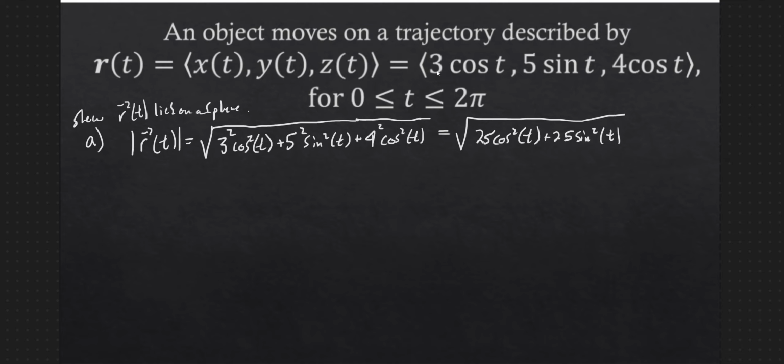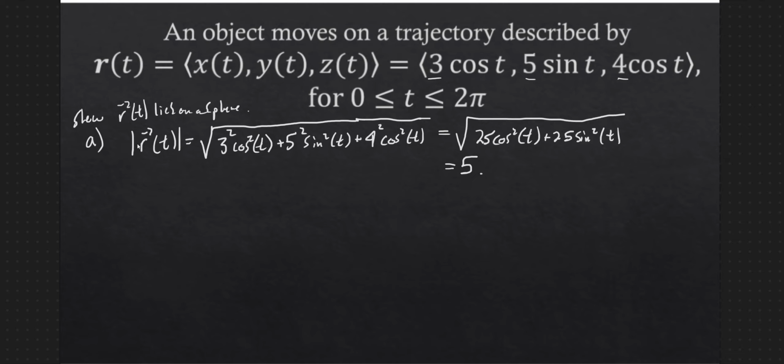So notice the Pythagorean theorem, 3, 4, 5 triangle, right? It's one of our Pythagorean triples, and that's part of why this worked out so nicely. And so what do we get here? Cosine squared plus sine squared is 1. So I'll just have a 25 sitting in here. This is really just 25. Square root of that is 5.